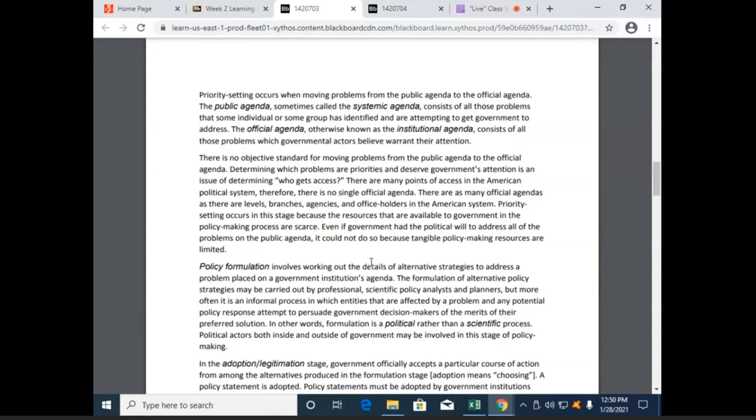By the way, in this policy making process as I'm laying it out in the policy primer and here today in class, you may have noticed in the textbook, this is one of those areas where the authors talk about things a little bit differently than I do. So just be aware of that. For example, in my version of the production line model, there are 5 stages. I think they have 4.